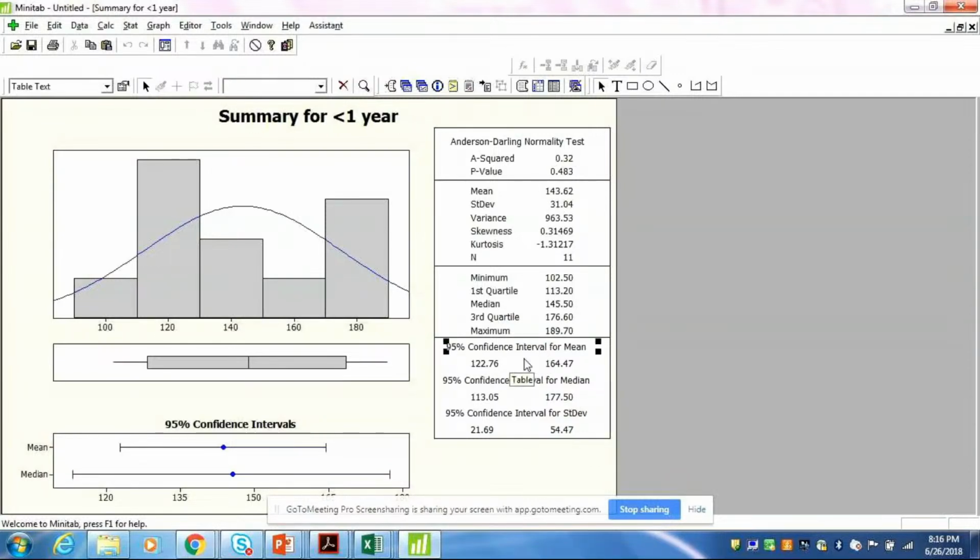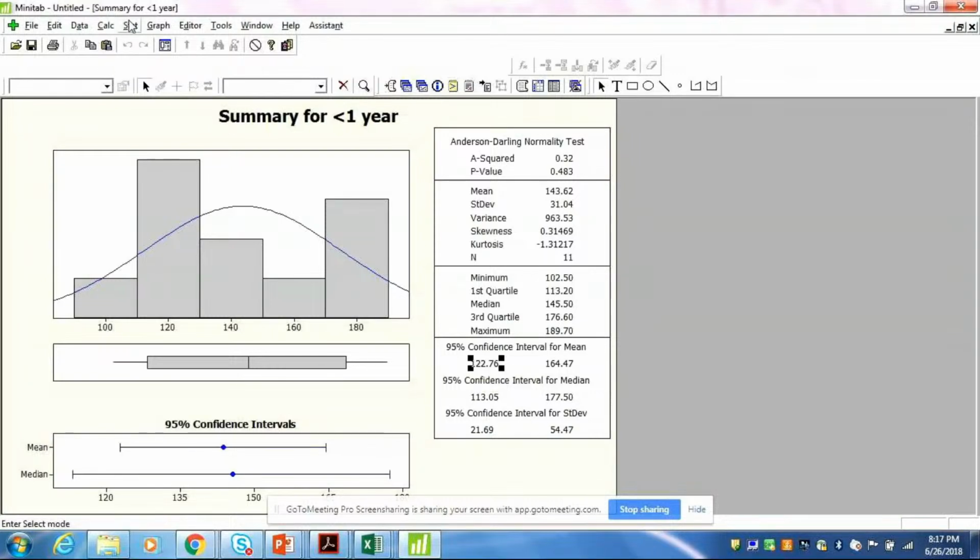If you look at the 95% CI for mean, normally the process behaves between 122 to 164. Anything outside this boundary would be a significant target to be taken for the project. Since the direction of good is lower the better, let's take a target as 121.